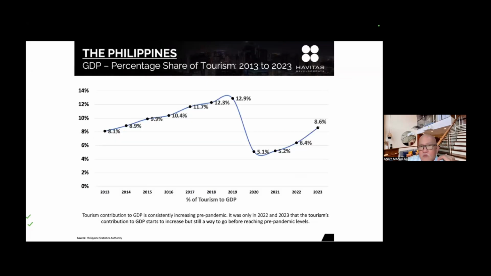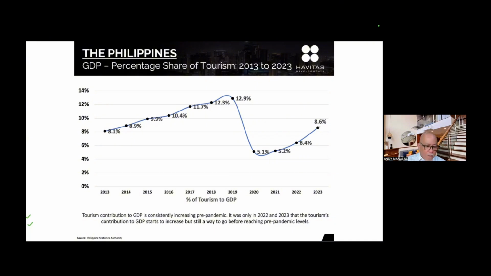See, what does that mean and why? They said mainly because almost 92% of our tourism revenues now come from domestic tourism. We have a very strong domestic tourism industry.